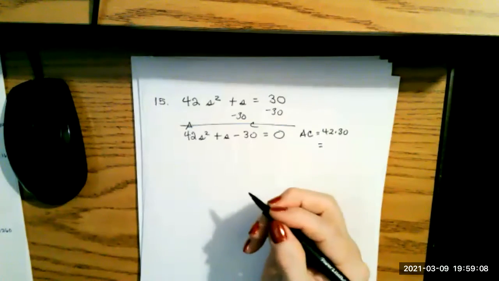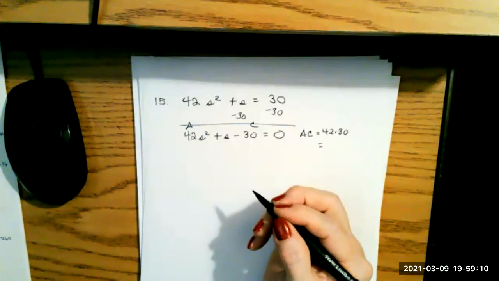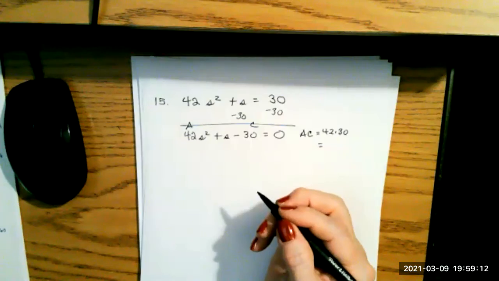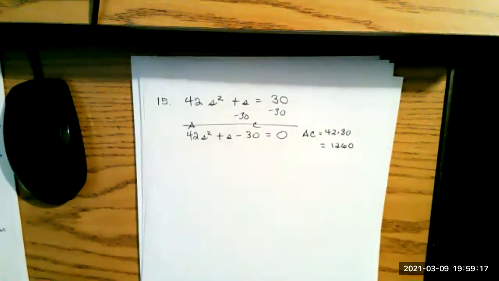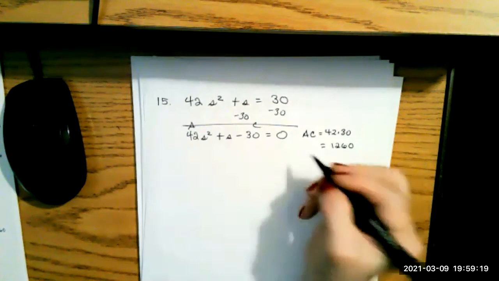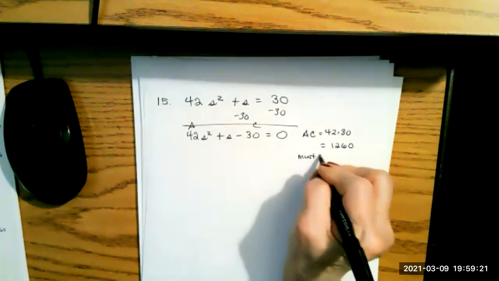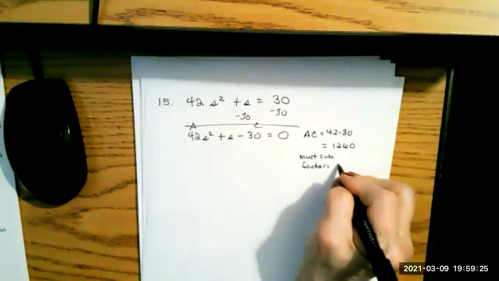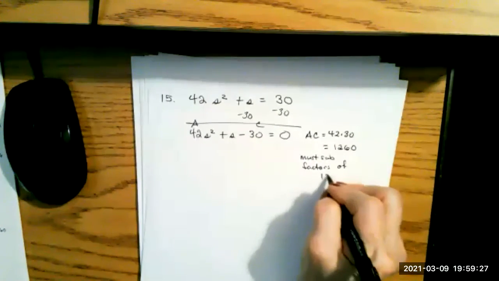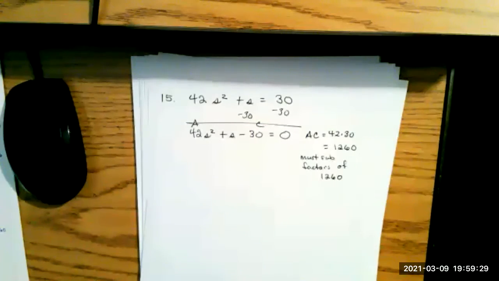Let's see what this is. This one is 1,260 when you multiply it out. So you must subtract factors of 1,260 to get 1.